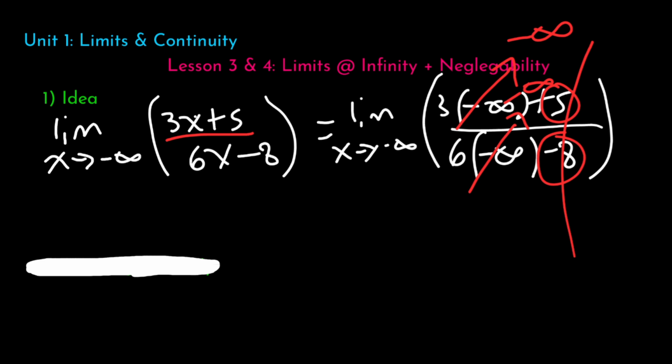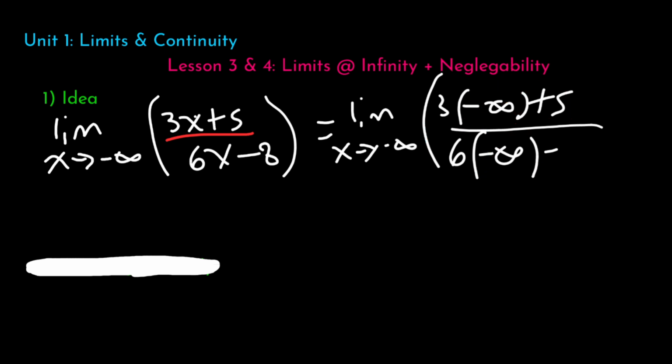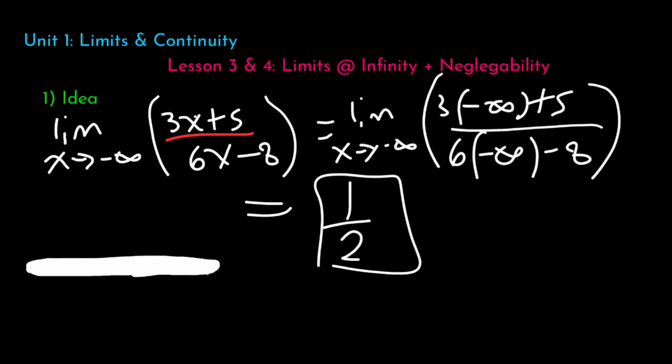But what does matter are the coefficients to the infinities. Now we know these negatives are going to cancel out. So, in the end, you're going to be left with 3/6, which becomes 1/2, which is a basic idea of limits at infinity.